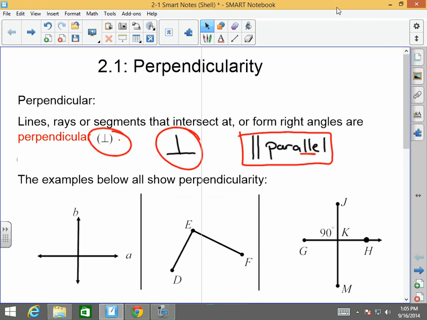Now, the examples below all show perpendicularity. A is perpendicular to B. If I tell you it's perpendicular, you can automatically put the little square here that represents a right angle.